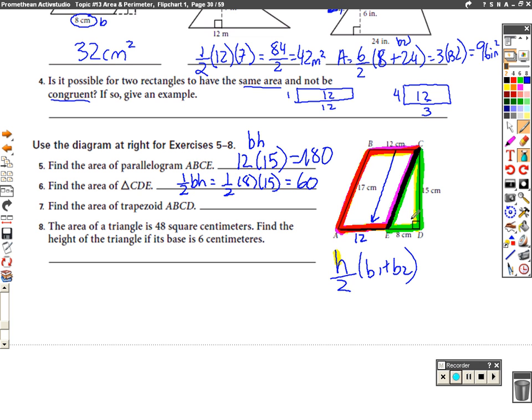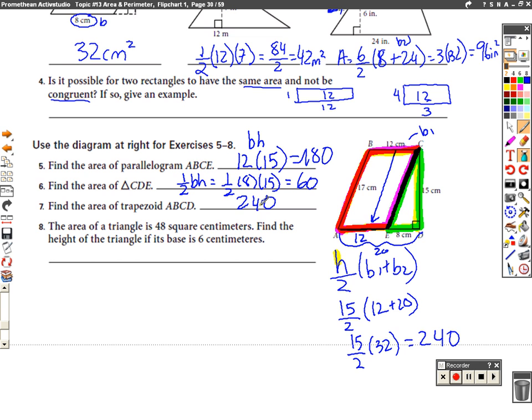Height always found with that right angle, so our height is 15. 15 over 2 times b1 plus b2. 12, I'm going to say that's all the way at the top, b1. b2 is this whole bottom, and 12 plus 8 makes 20, so the whole bottom is 20. So 15 over 2 times, this is 32. I'm going to use my calculator. 15 divided by 2 times 32 on my calculator tells me it's 240.